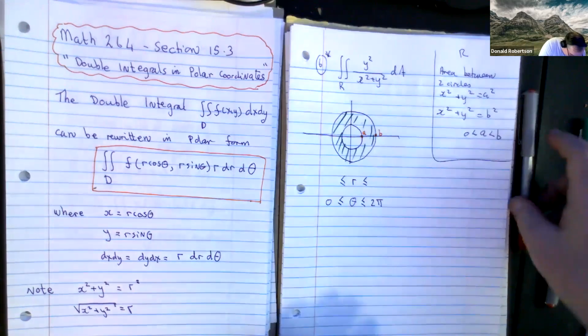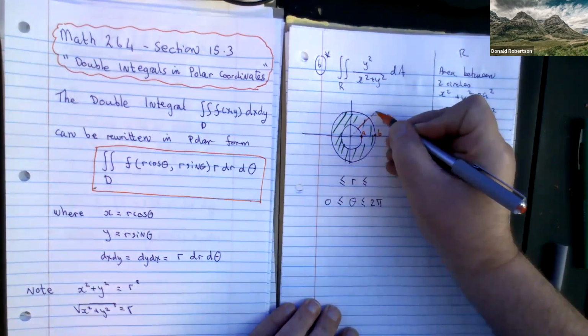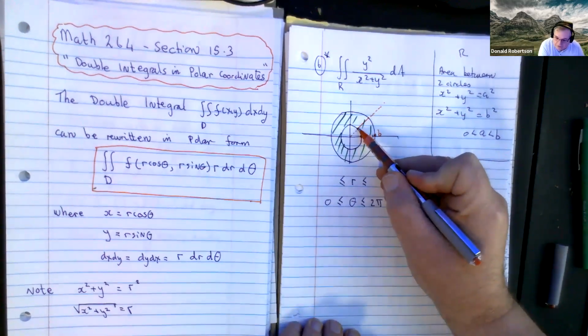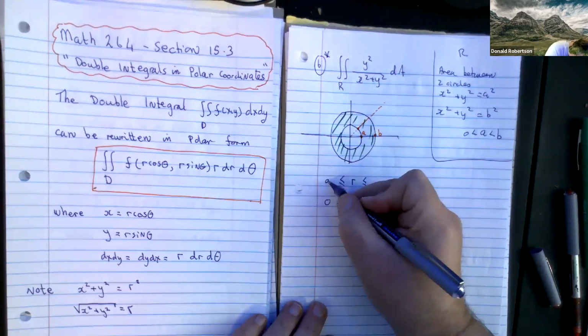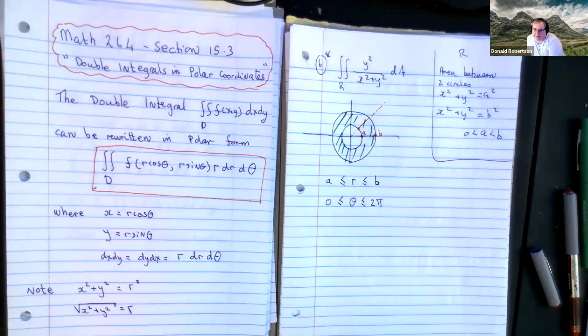Now, if you project a radial line, do you see that the radius starts at a value of a and it finishes at b? So a goes there to b. Are we comfortable with that now? a to b.